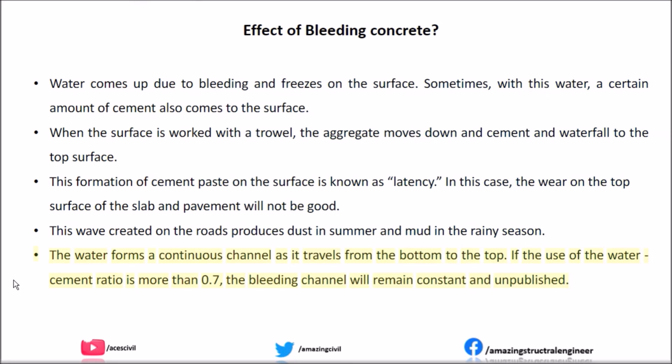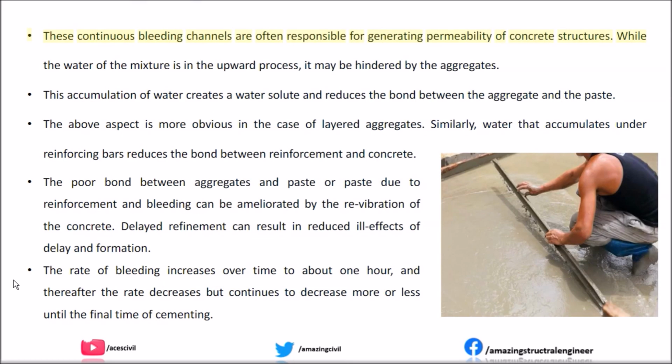If the water-cement ratio is more than 0.7, the bleeding channel will remain continuous and unbroken. These continuous bleeding channels are often responsible for the permeability of concrete structures.